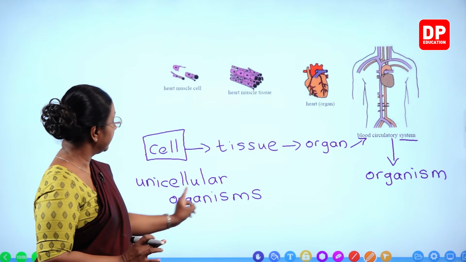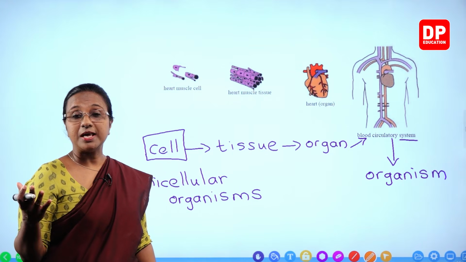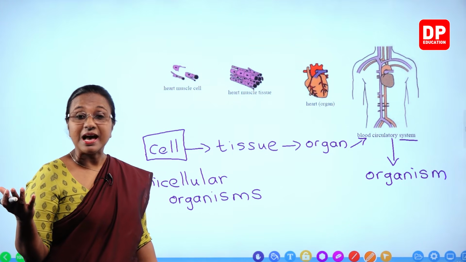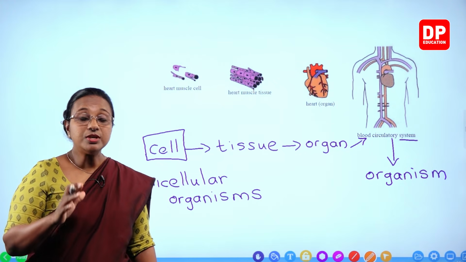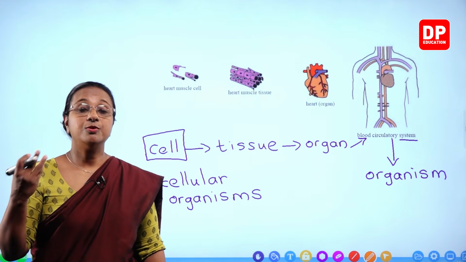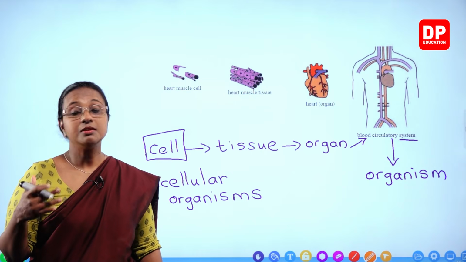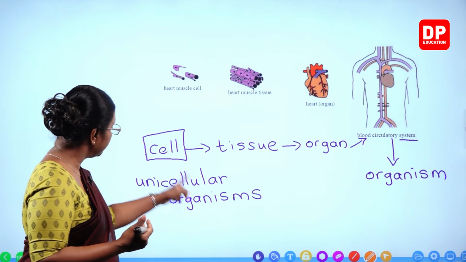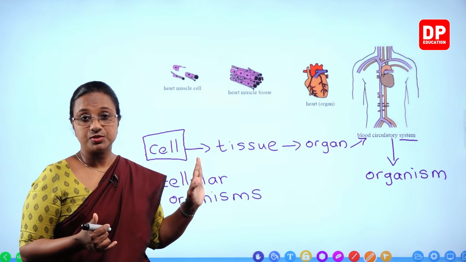In addition to that, you can have a unicellular organism. Say Chlamydomonas, Paramecium, and bacteria are all unicellular organisms. Now these unicellular organisms also carry out all the functions. They do respiration, reproduction, excretion, all that is done by a unicellular organism. Same thing for a multicellular organism also.